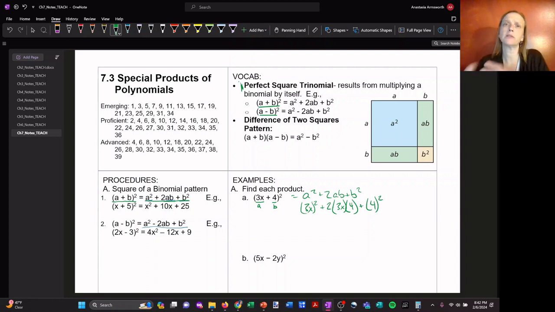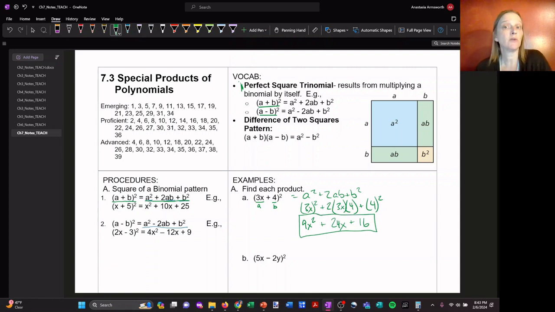Now that I've plugged the a and b values into the format of this perfect square trinomial, I just simplify. 3x squared, well, the 3 squared is 9, and the x squared is x squared. 2 times 3x times 4, 2 times 4 is 8. 8 times 3 is 24, so that's 24x. And then 4 squared is 16.